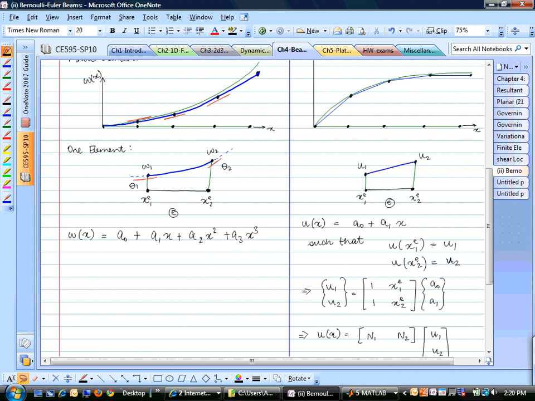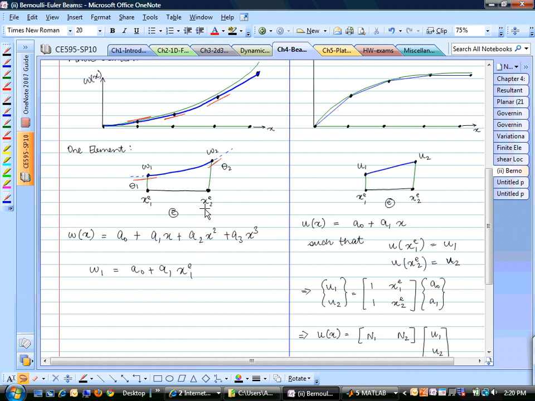And the conditions are W1, which is this displacement at node 1. This is the degree of freedom, should be equal to A0 plus A1 x E1 plus A2 x E1 square plus A3 x E1 cube. So if I give you the locations of these 2 points, let's say this is at 3.4 and this is at 4.3, you know the values of these 2 things. These 2 are constants now.